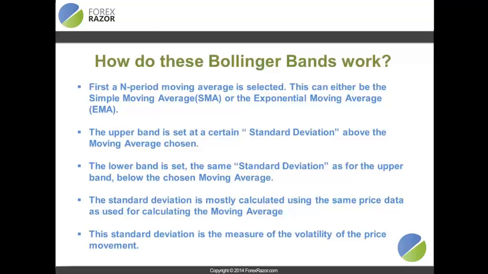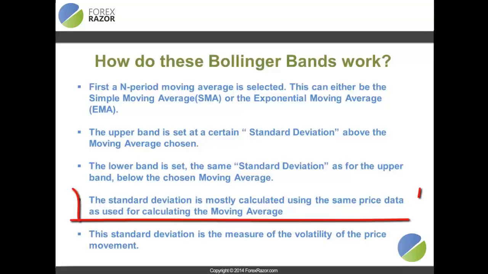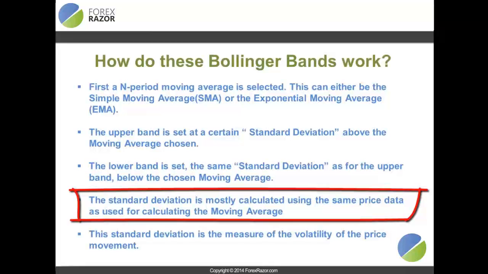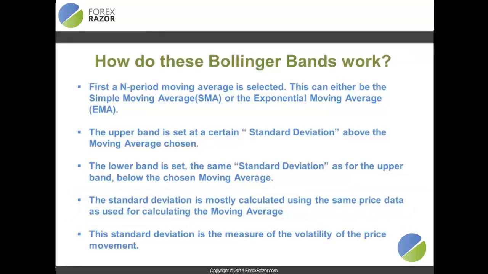This standard deviation is mostly calculated using the same price data that is used for calculating the moving average itself. The standard deviation is the measure of the volatility of the price movement of the financial instrument to which it has been applied.